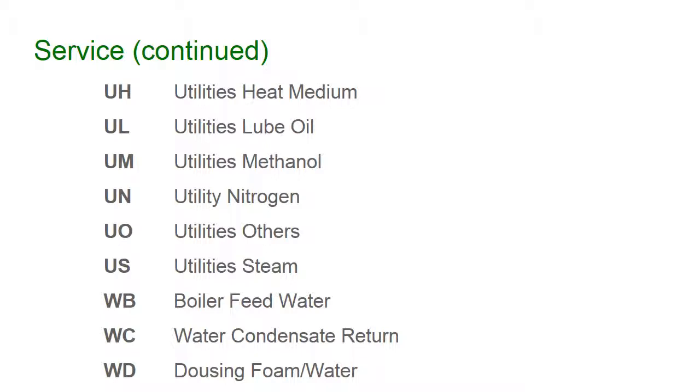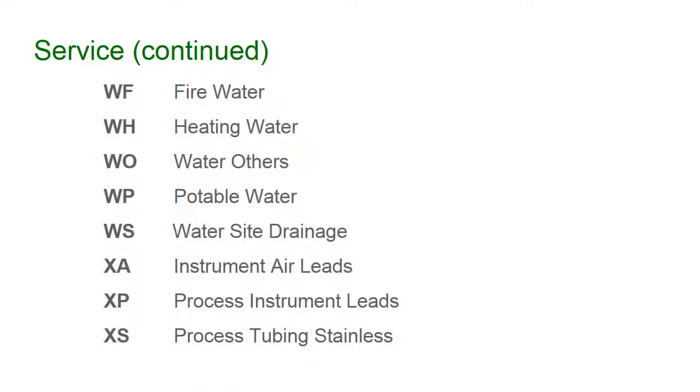US, utility steam. WB, boiler feed water. WC, water condensate return. WD, dousing foam water. Fire water. Heating water. WO, water others. WP, potable water. WS, water site drainage. XA, instrument air leads. XP, process instrument leads. XS, process tubing stainless.